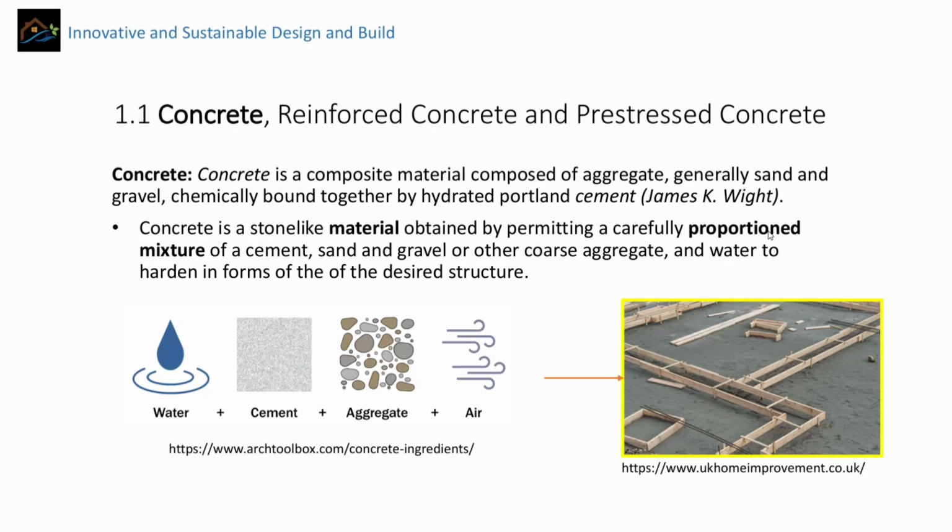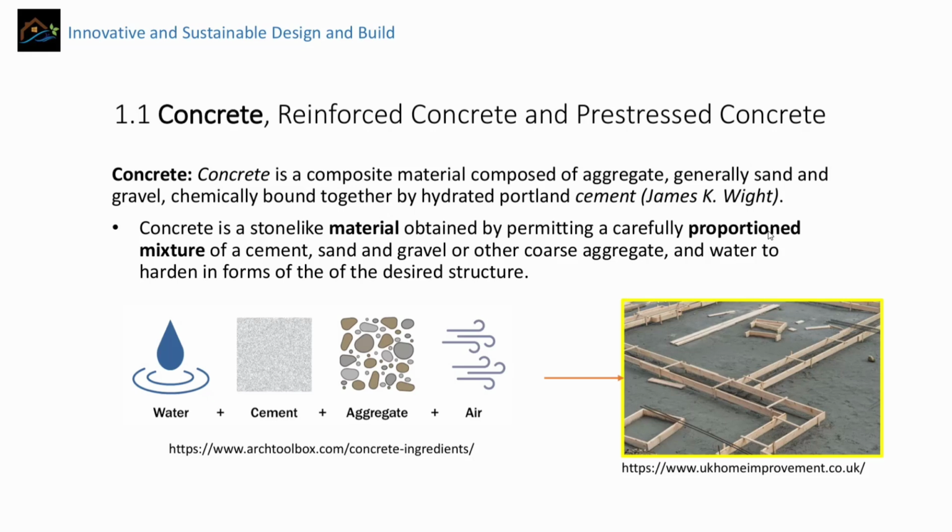It is composed of aggregate, generally sand and gravel, and they are chemically bound together by hydrated Portland cement. So hydrated Portland cement means that water reacts with the cement chemically, and it bonds these sand and gravels together, making a solid structure or a solid member.